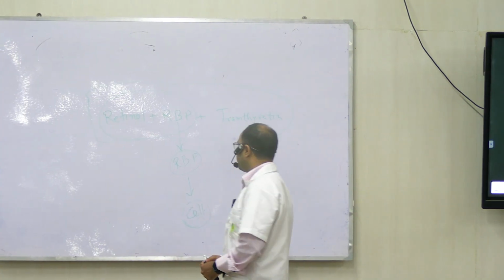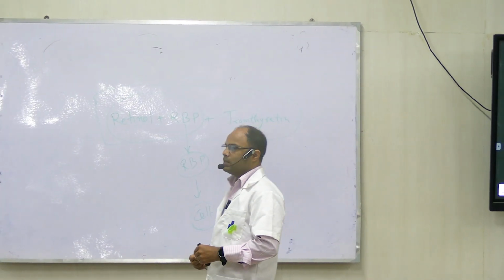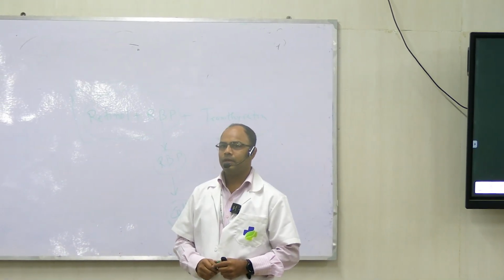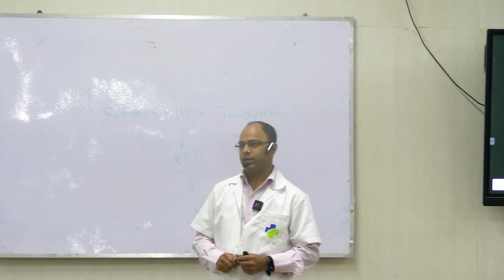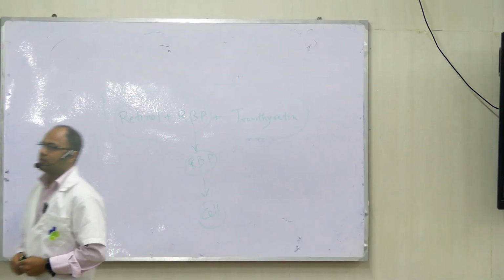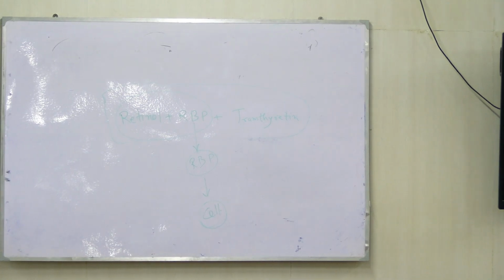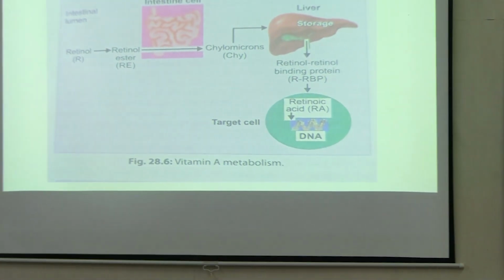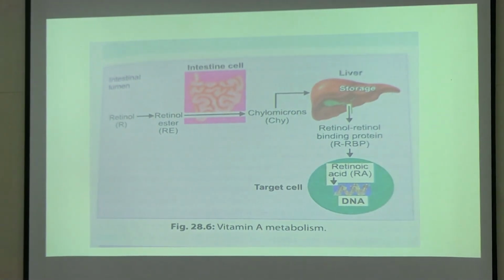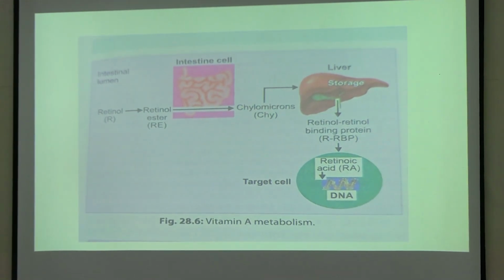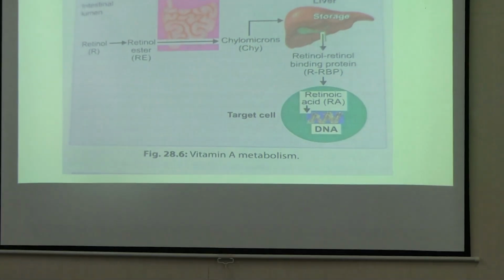Inside the cell there is an intracytoplasmic retinol binding protein. In this way, vitamin A reaches the target site. Understand? Any question?